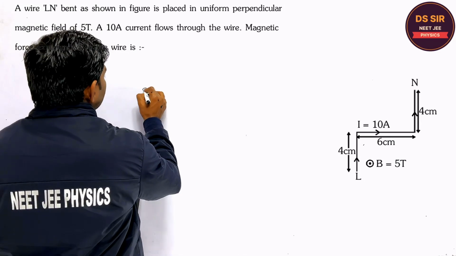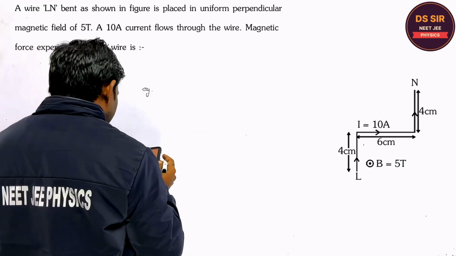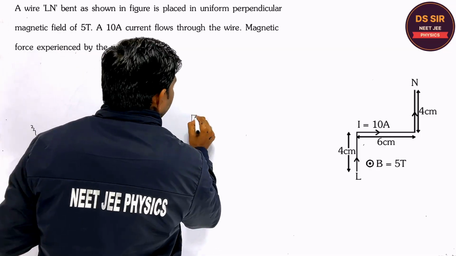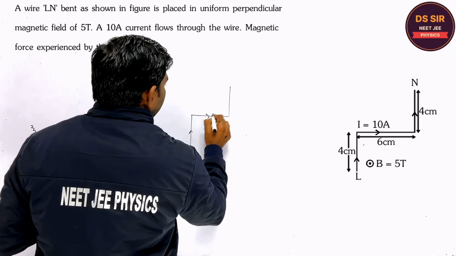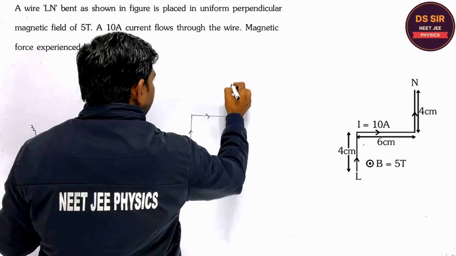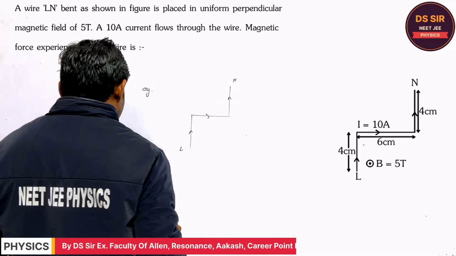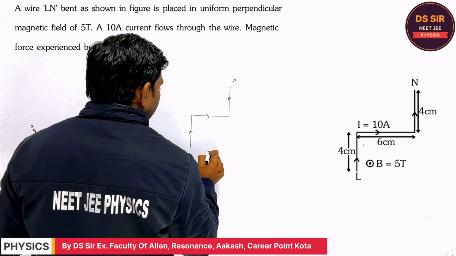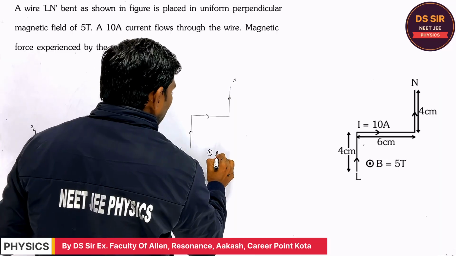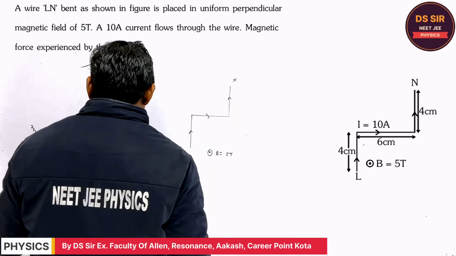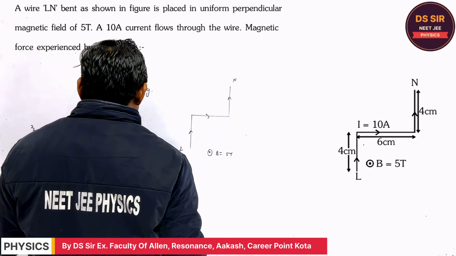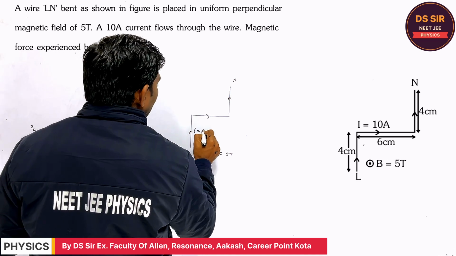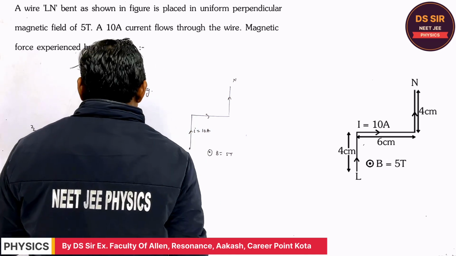So read this question. In this question, wire LN. This is the wire LN, right? This is L and this is N, placed in the perpendicular magnetic field. The magnetic field is out of the board and it is equal to 5 Tesla, right? And a 10 ampere current flows. What is the value of the current? Say 10 ampere.